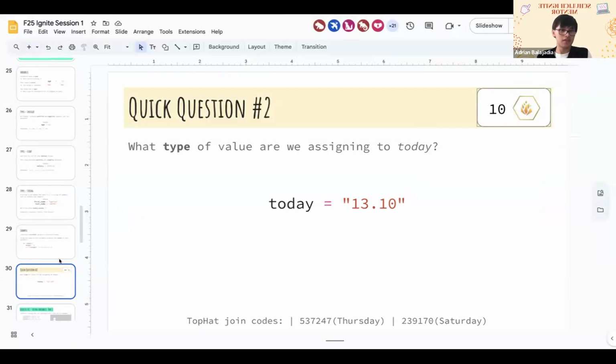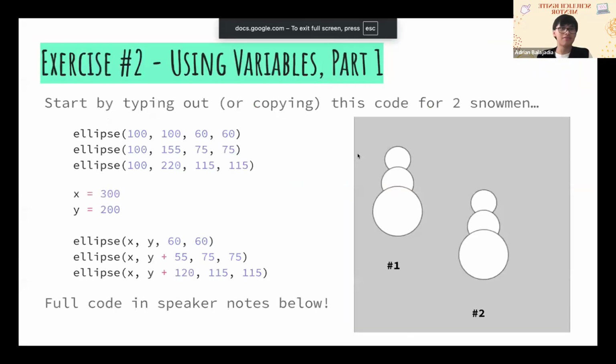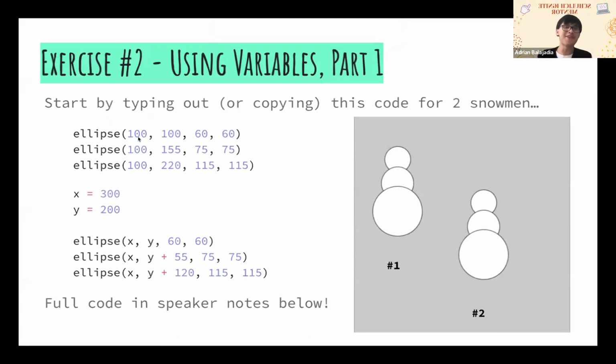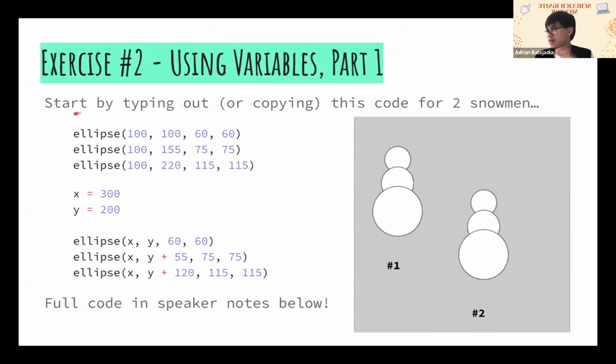Okay, then we'll go back here and get started on exercise 2. This one's a little bit more involved, so I might give you extra time for it. I hope everyone has access to the slide. Start out by typing or copying this code for the 2 snowmen. The full code is in the speaker notes below, so you can just access Google Slides and copy and paste it.